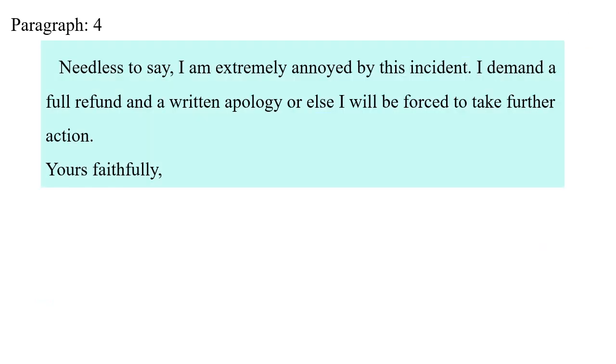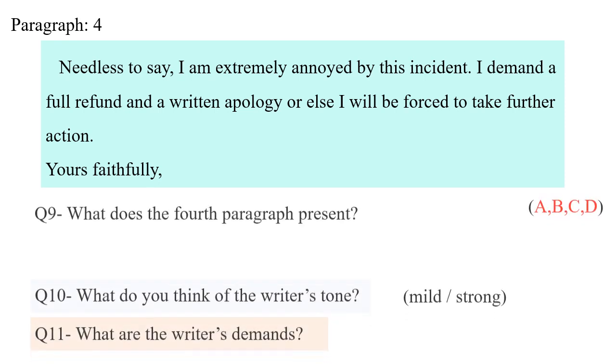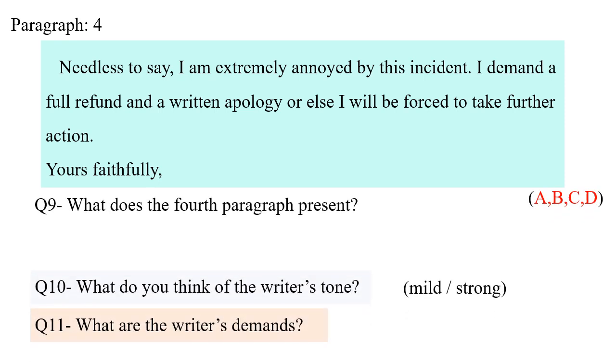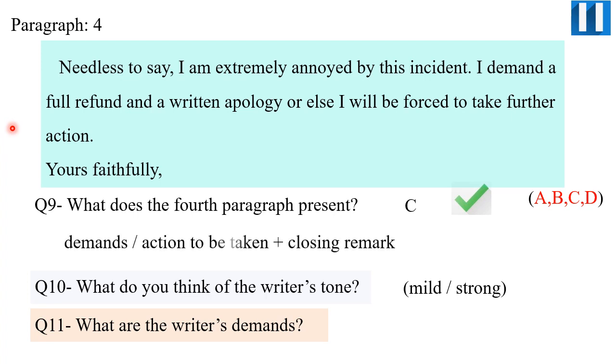Here you are, paragraph 4. And here you are 3 questions. Please take your time, stop the video and think. What does the fourth paragraph present? Okay. Take this feedback. Yes, this is the right answer. It presents demands or action to be taken plus closing remark.